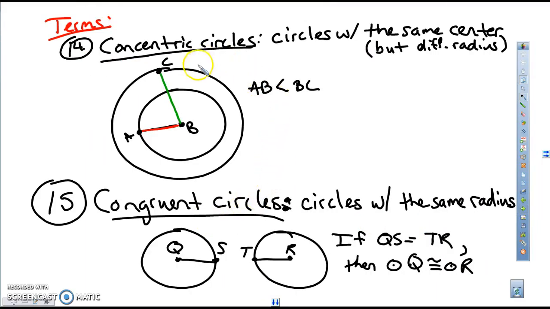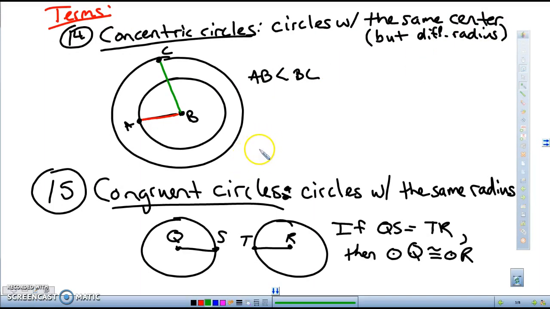All right, if you watched the first video, you would have seen the term concentric circles thrown at you once. I didn't elaborate on it a lot, but essentially concentric circles are just circles that have the same center point, but different radii. So here's an example of concentric circles. You've got two circle B's here, but one is smaller and one is bigger, obviously.